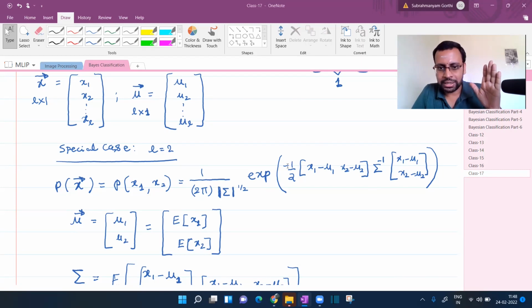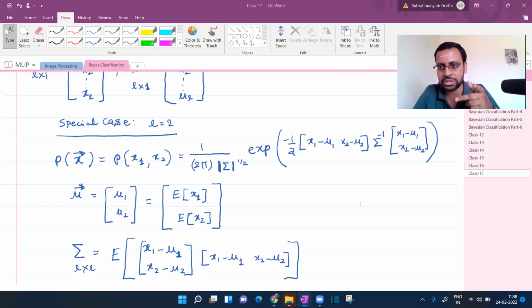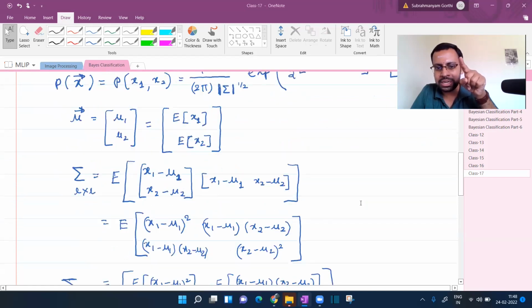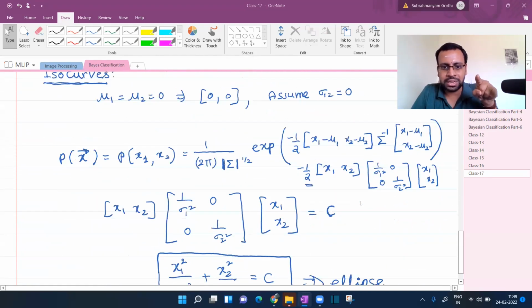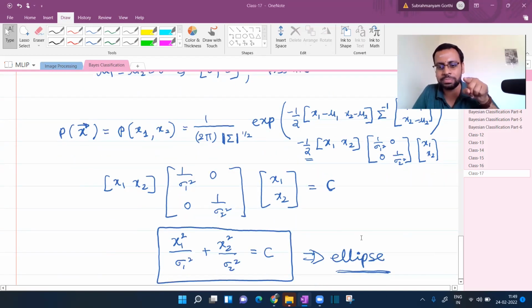For all those sets of x1 and x2 for which this expression has the same value, they will all have the same density, because of the exponential. So what we worked out is the locus of all those values, the isocontour. I simply equated what is inside to a constant value. That gave me an ellipse.